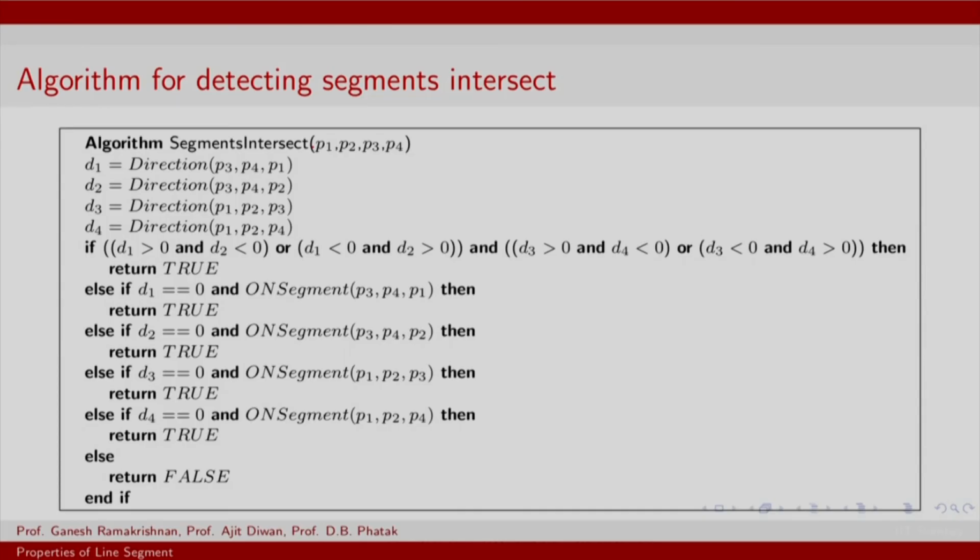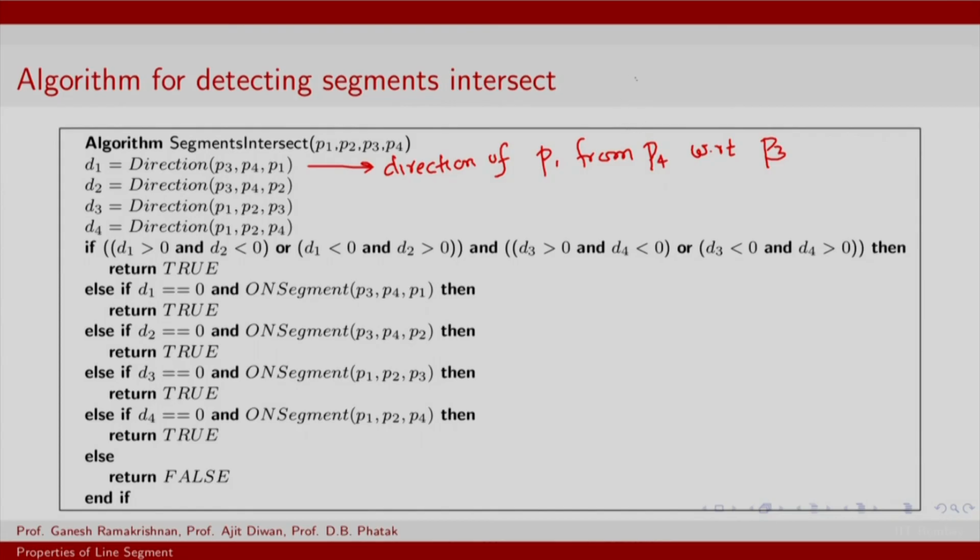So we put together our algorithm for detecting if two segments intersect. Initially we compute 4 directions. Direction D1 is the direction of P1 from P4 with respect to P3.